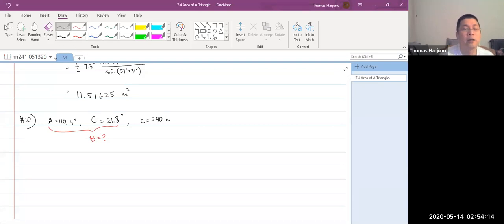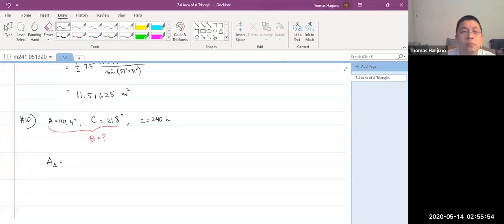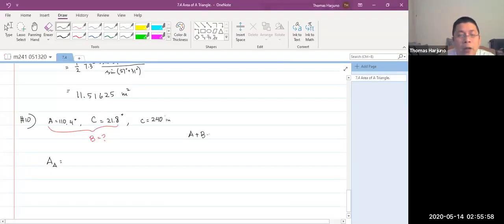Okay, I'll find the area of that triangle. Maybe 2 minutes. So I need to find angle B first.